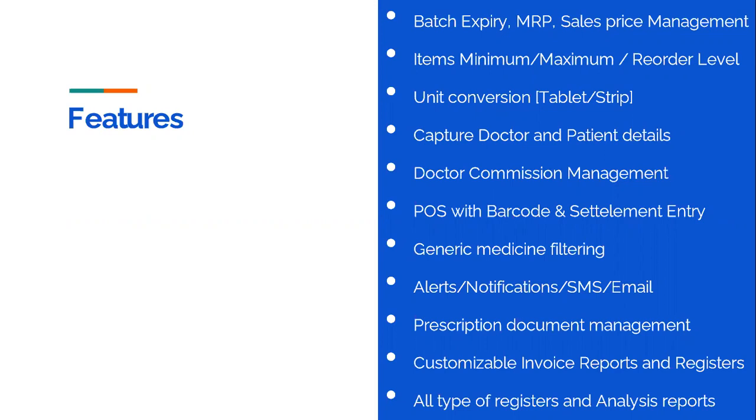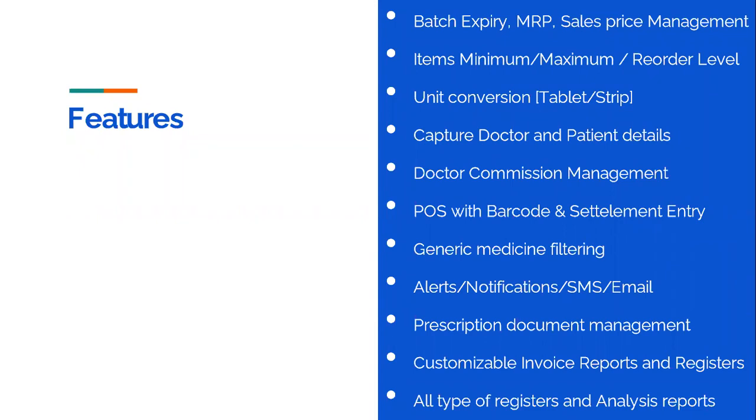Next point is capture doctor and patient details. This will be an important point. If the patient visited any doctor's premises, then the doctor will give him some medicines and suggest he buy from this medical shop. Sometimes they will suggest, sometimes they will not. But if the doctor suggests the patient buy the medicine from a particular shop, then the patient will come to that shop and buy the product.